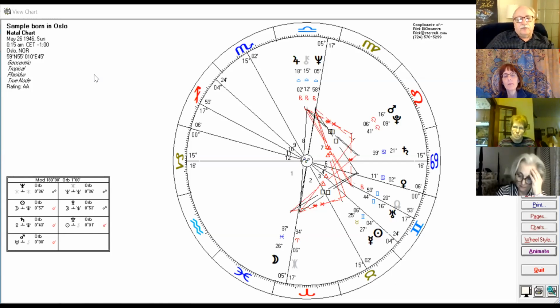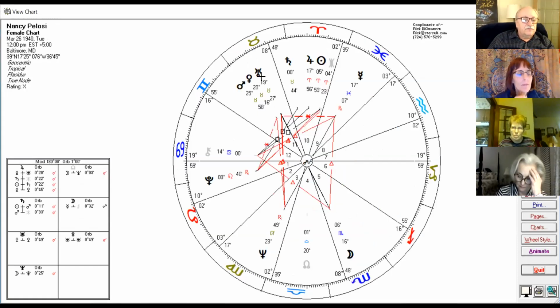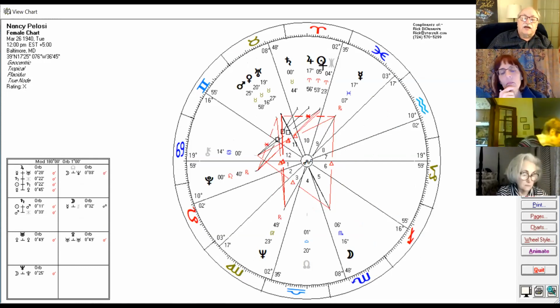So you can see that in Miss Pelosi, she has the sun up in the 10th house. Let me tell you exactly how it goes. The sun is in Aries in the 10th. Her next planet is Mercury, the moon. The moon is in Scorpio. It's in the 5th house.